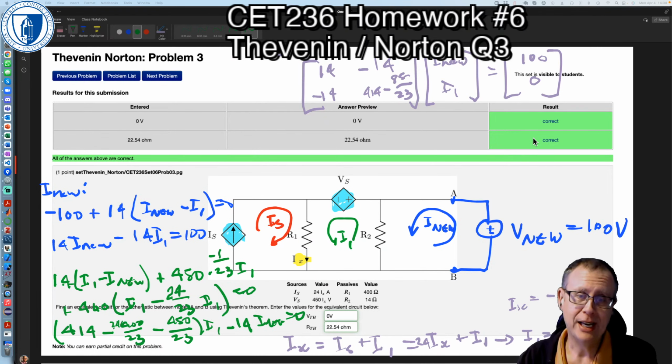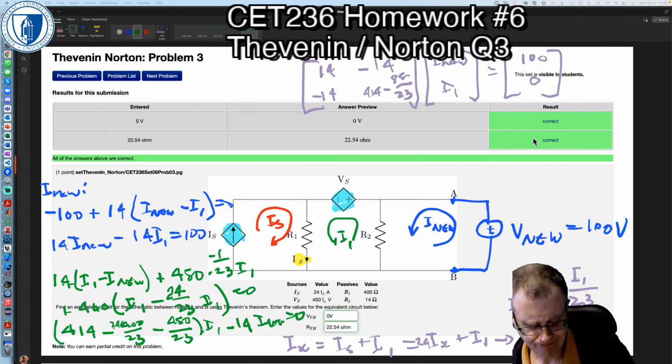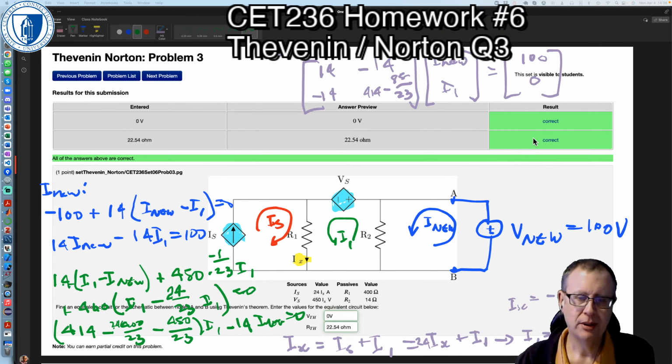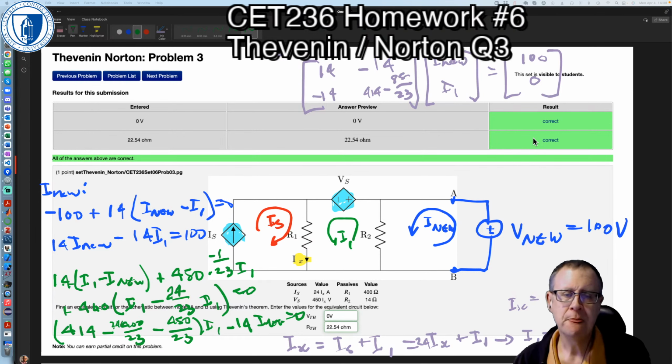This time we have no independent sources, so you can see the blue highlighted ones are both dependent sources, so we've got to use the apply a voltage technique.